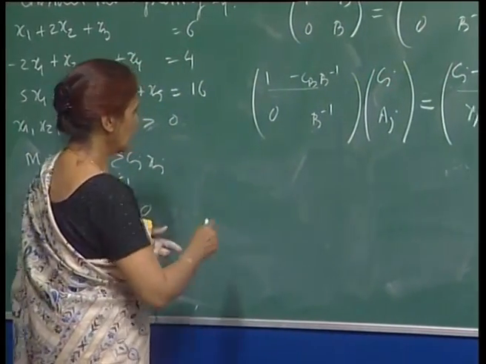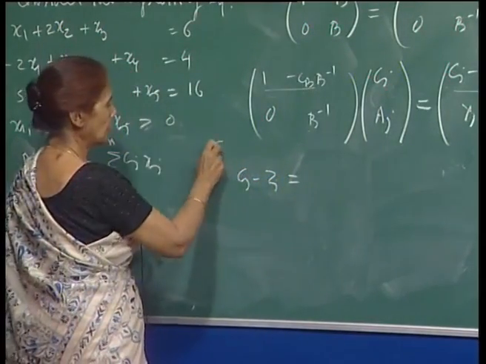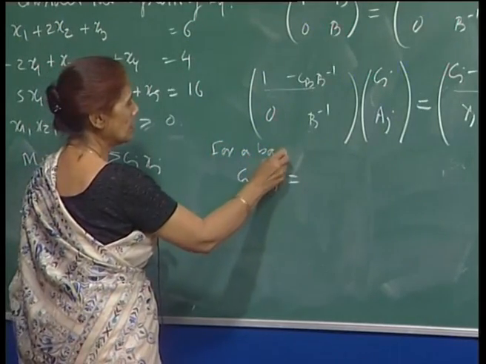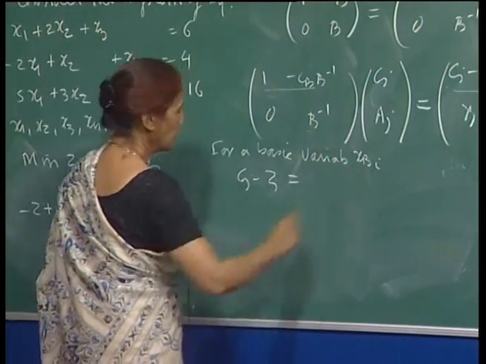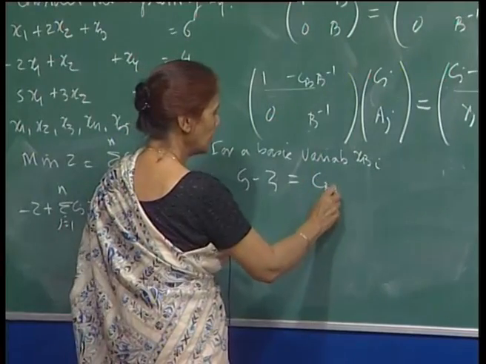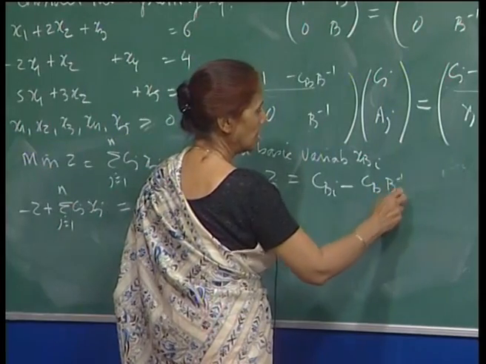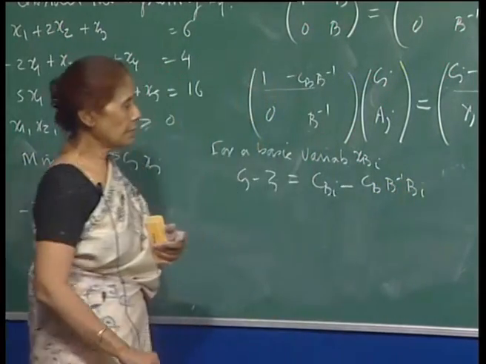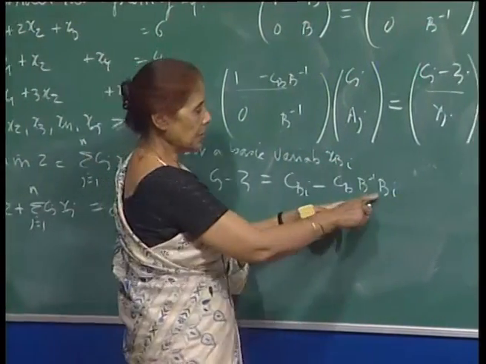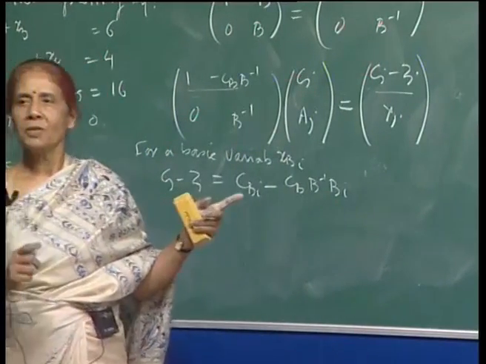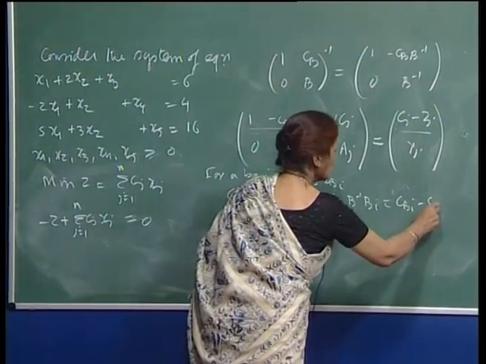And you see that the Cj minus Zj for a basic variable xbi will be Cbi minus Cb b inverse bi, right, because the Zbi would be Cb b inverse bi. But what is b inverse bi? B inverse bi is Ei. So, this will reduce to Cbi minus Cbi, which is 0.